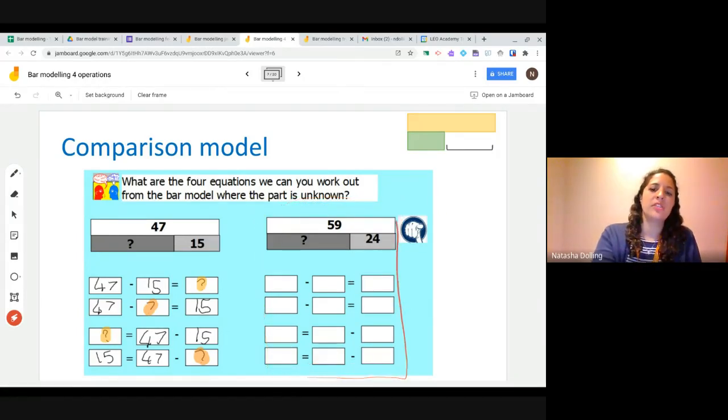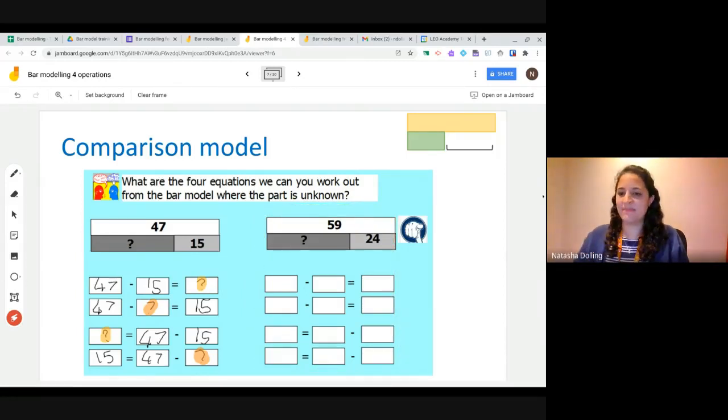Which equations do you think children struggle with the most? I'll give you guys a minute to do that. And keep that question mark in your equations as well, as confident as I'm sure you all are in doing subtraction.